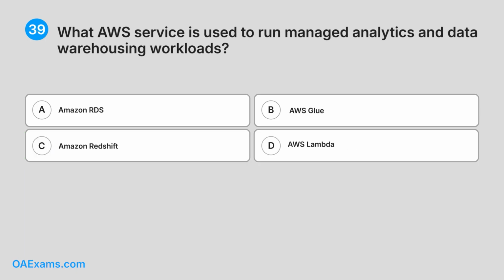What AWS service is used to run managed analytics and data warehousing workloads? A. Amazon RDS. B. AWS Glue. C. Amazon Redshift. D. AWS Lambda. Can you guess the answer?